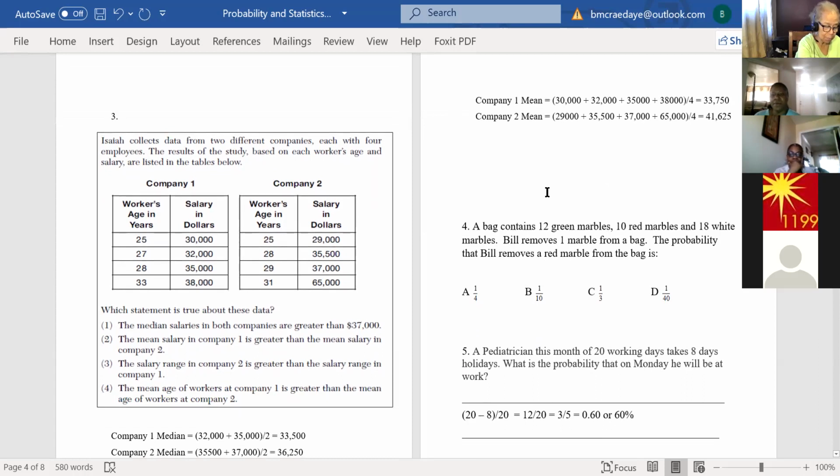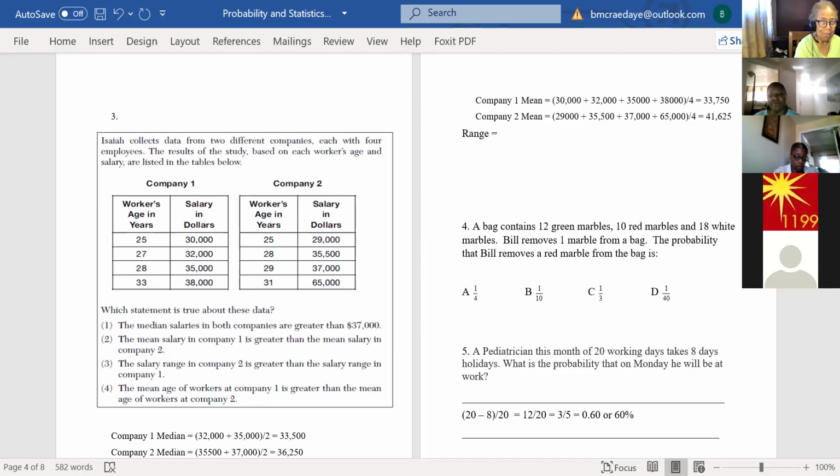How do you find range is by putting the numbers that keep repeating. No, that's mode. How do you find range? The number that is greater than that.